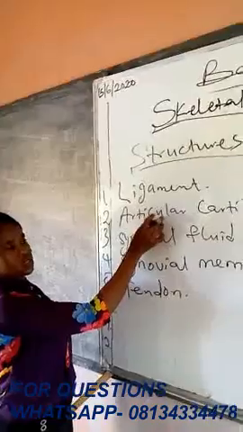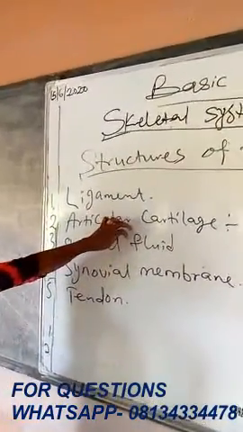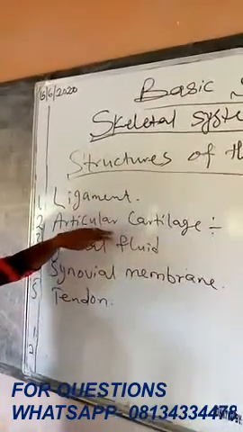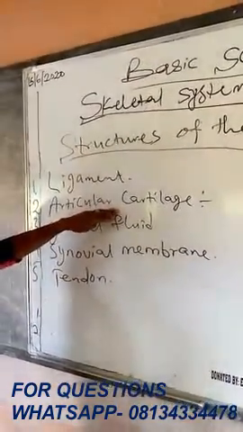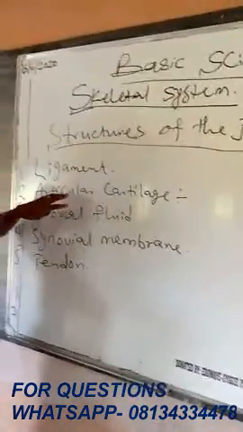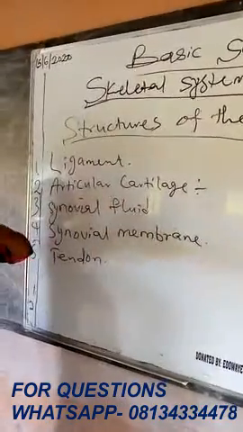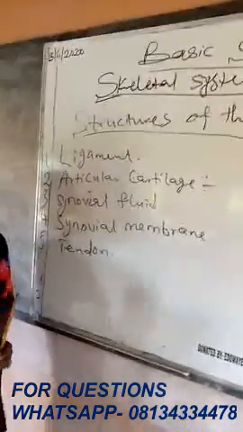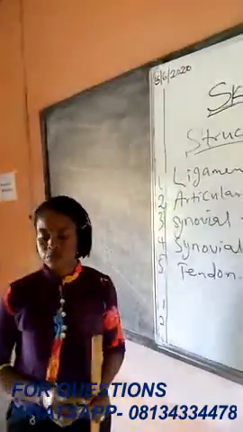This substance is soft and found at the joints. So when there is an accident or a bruise around the surface of the joint, this material helps to absorb the shock, thereby preventing the bones from wearing out.